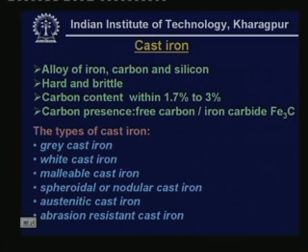See the cast iron. What is a cast iron? These cast irons are alloys of iron, carbon and silicon. These materials, as given over here, are quite hard and brittle.